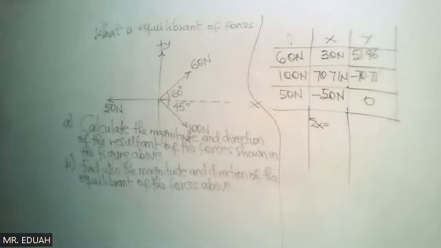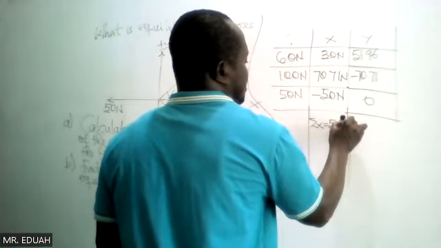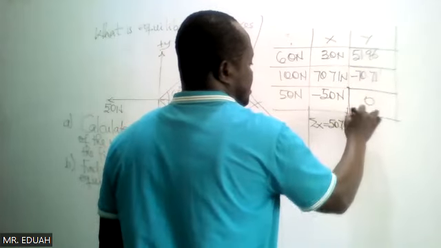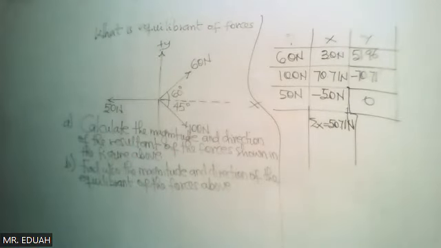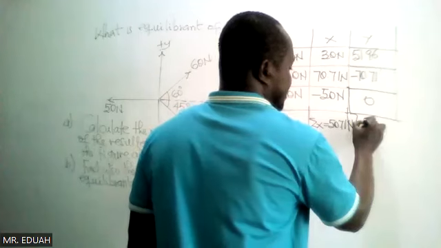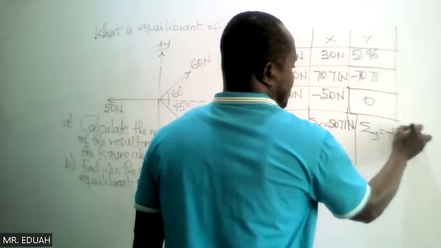This is 100.71, so minus 50 will be 50.71 as summation of the X. Then 51.96 minus 70.71 is negative 18.75, summation of the Y.